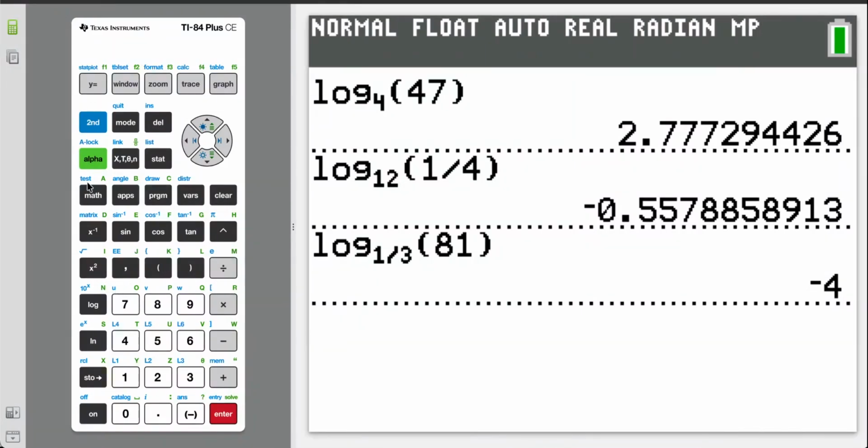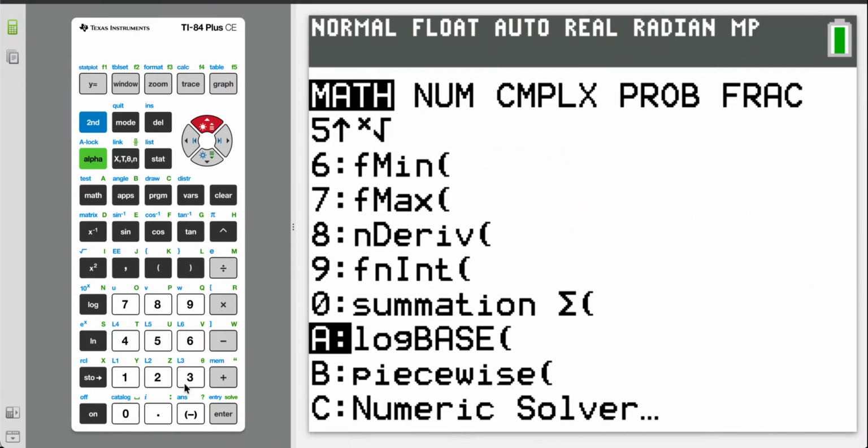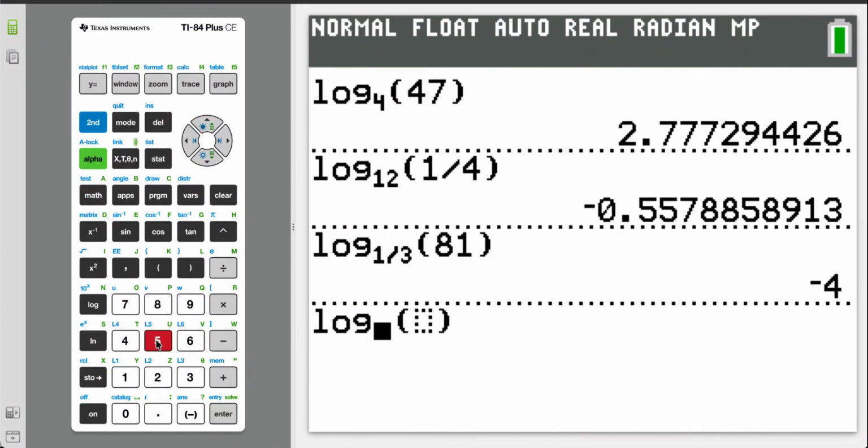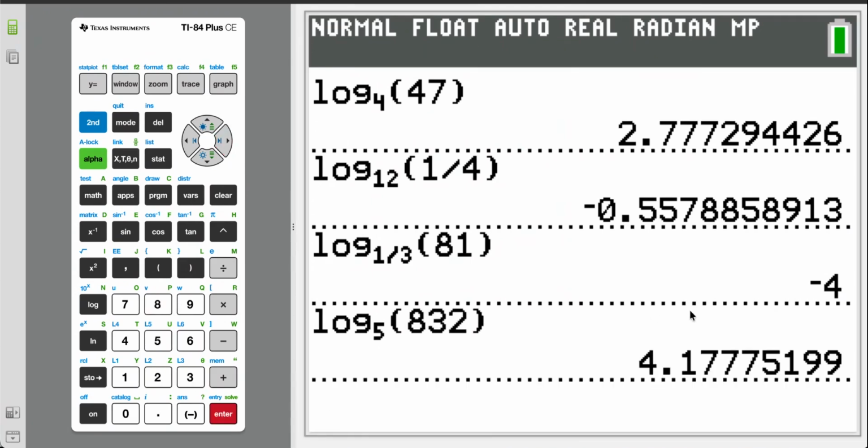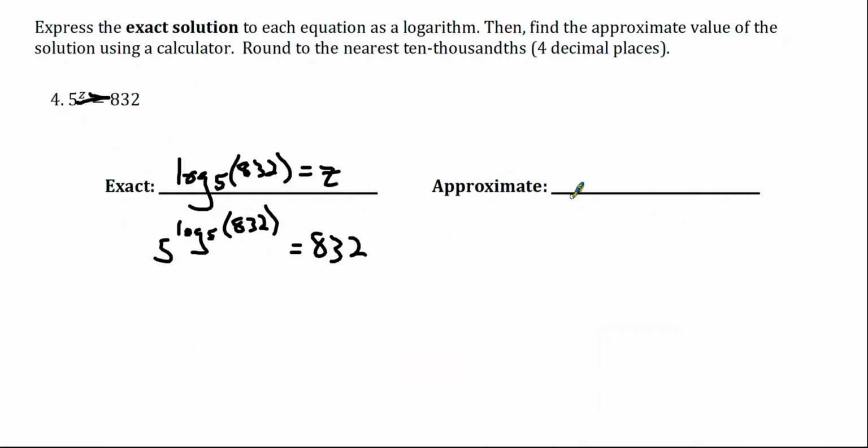So I can say math log base 5 of 832. And that comes out to 4.1778 if I round to 4 decimal places. And what that means is 5 to the 4.1778 power equals 832.